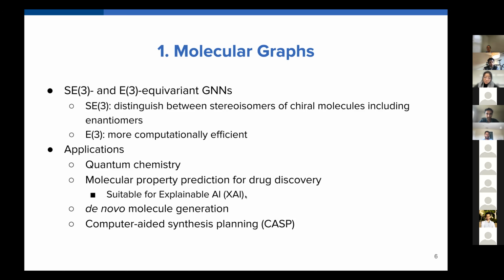Molecular graphs are also used for de novo molecule generation, as well as computer-aided synthesis planning, also known as CASP. CASP refers to the task of figuring out how to synthesize particular molecular compounds with certain desirable properties, and it typically would ask you to output the different reaction steps that would allow chemists to do that.